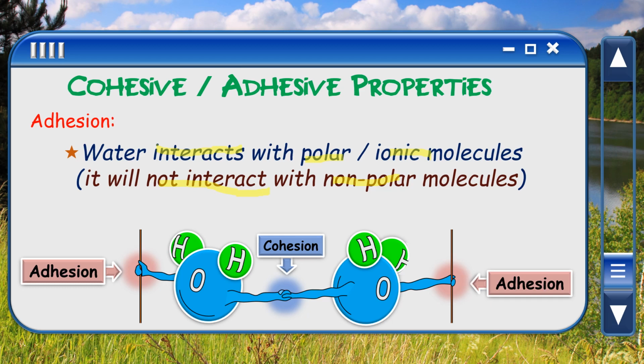So the attraction, the interaction with the polar molecules and the ionic molecules, is what we call adhesion energy, or adhesion attraction force between water and other polar and ionic molecules.